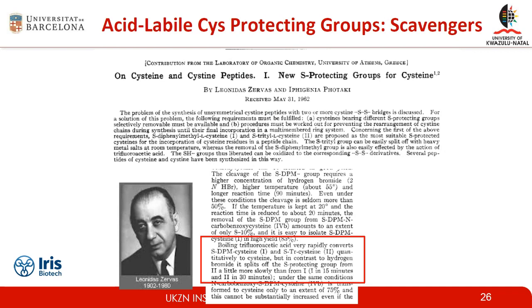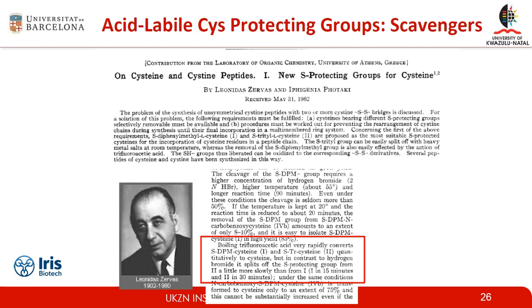Finding acyl-lipoyl cysteine protecting groups is a long history. We have a paper of 1962 from Leonidas Zervas. Leonidas Zervas was the same who discovered the Z group, Z from Zervas, and he says that boiling trifluoroacetic acid converts trityl cysteine very easily into cysteine.